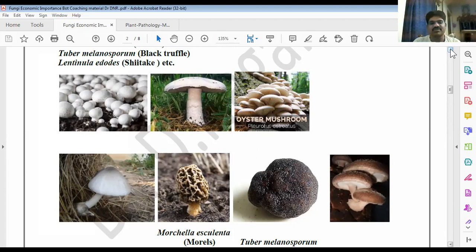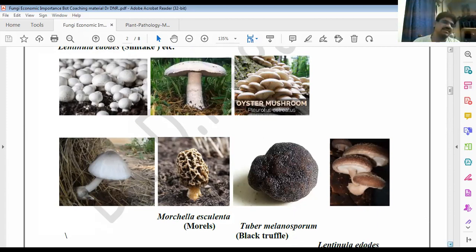Cordyceps. That is a very highly costly mushroom. Cordyceps, Morchella, Cordyceps, Ganoderma. With all these mushrooms, we can earn $1 billion by conserving and collecting the natural resources. We need not go for a biotechnology product or establish a big industry to earn the money.